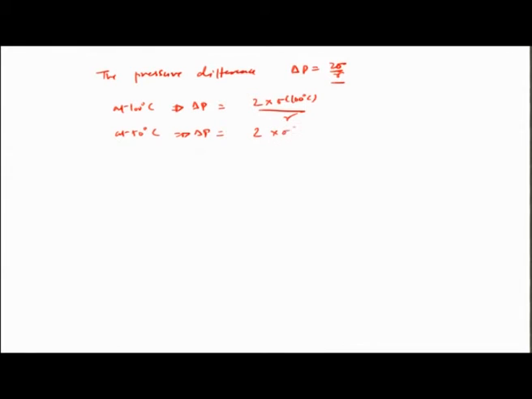So, the pressure difference, you must remember, for the bubble to survive is represented as 2 sigma by r. So, at 100 degree end, this delta P becomes equal to twice sigma at 100 degree Celsius by r, and at 50 degree Celsius side, this delta P becomes equal to again twice sigma at 50 degree Celsius by r.